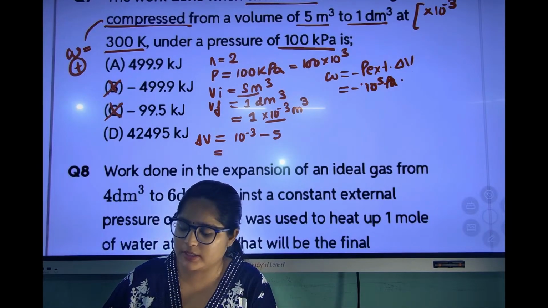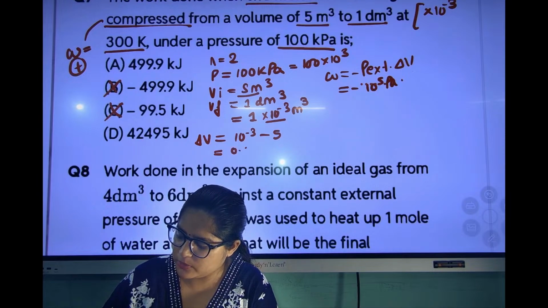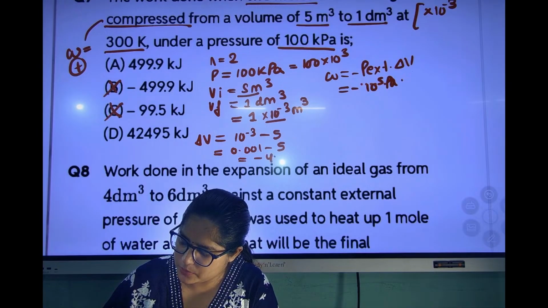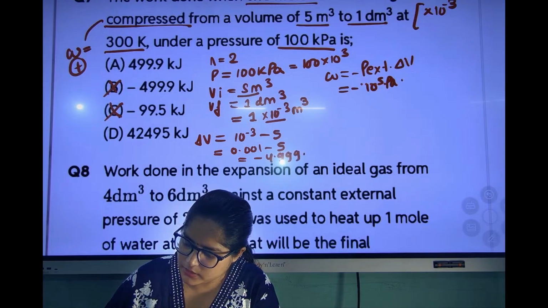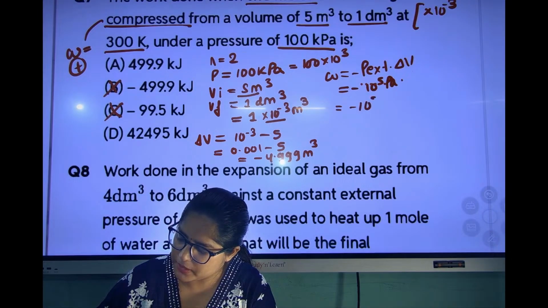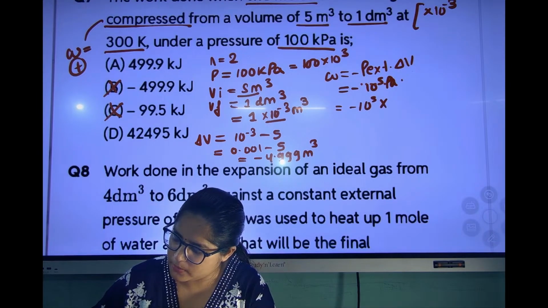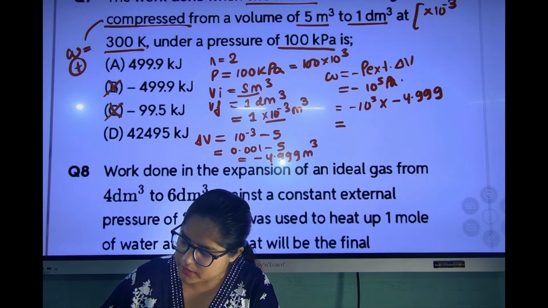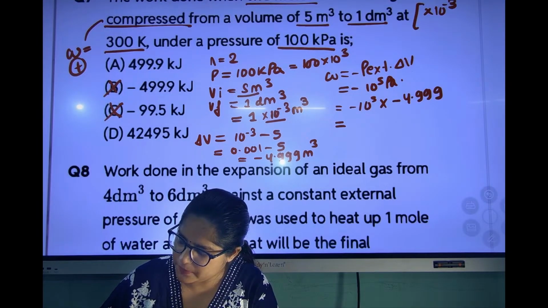So 10 to the power minus 3, we can take it as 0.001 minus 5. So it will come around minus 4.999 meter cube. So work done, minus 10 to the power 5 into minus 4.999, minus minus will become plus. And when we multiply with the 10 to the power 5, it will become 4.999 into 10 to the power 5.